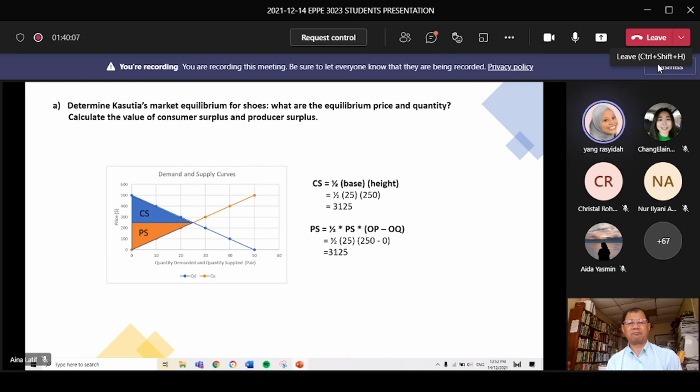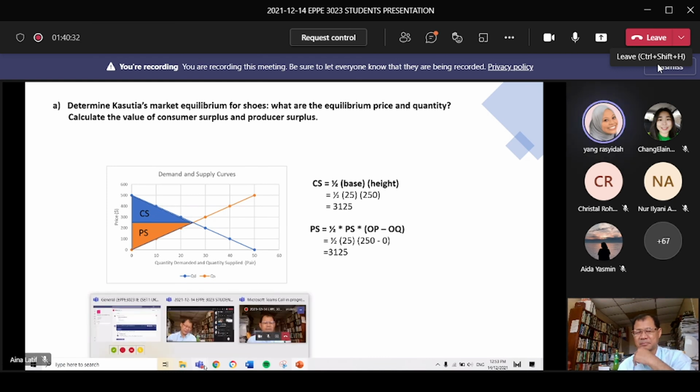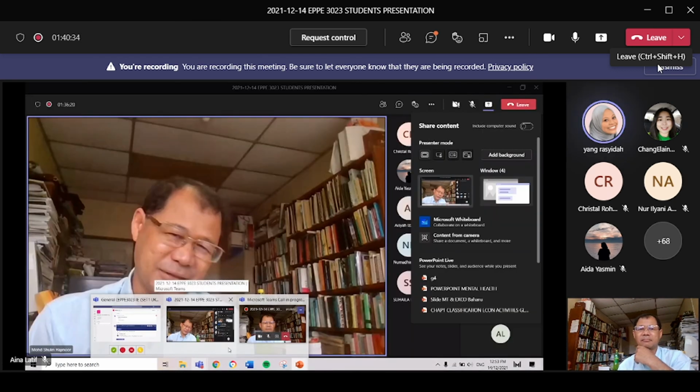That's how we get the equation, and we get 3,125. Or we can just calculate from the graph. We already know how to calculate the triangle, so we just put it in the equation. So we get the same answer, 3,125.